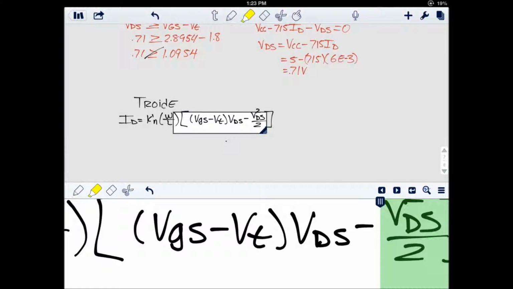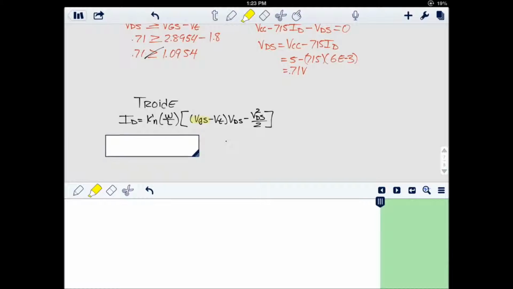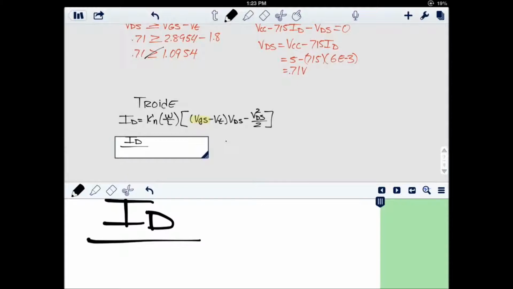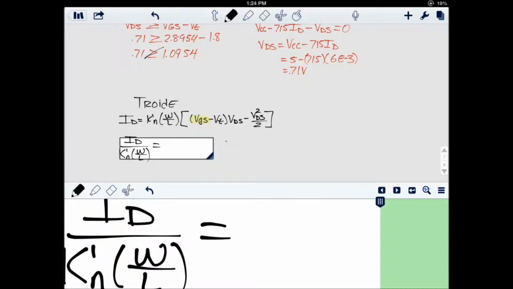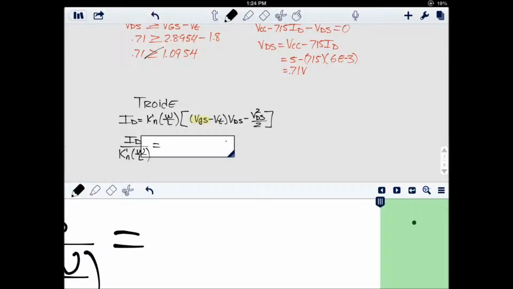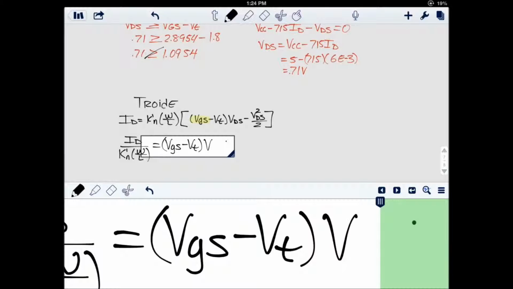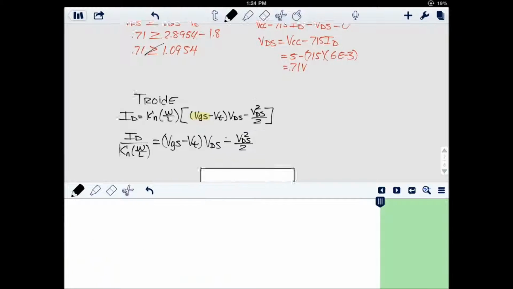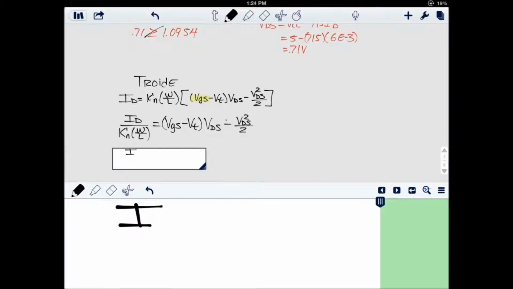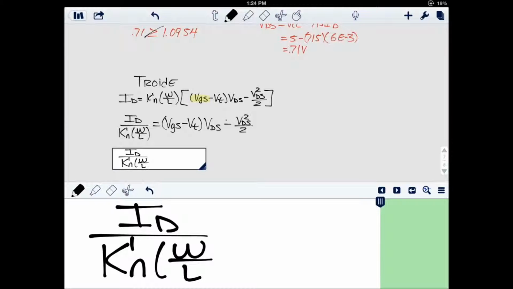And we are solving for VGS. You can start dividing both sides by this, so we could be left with this, and then summing to both sides.